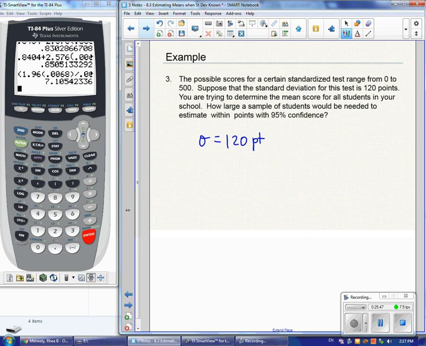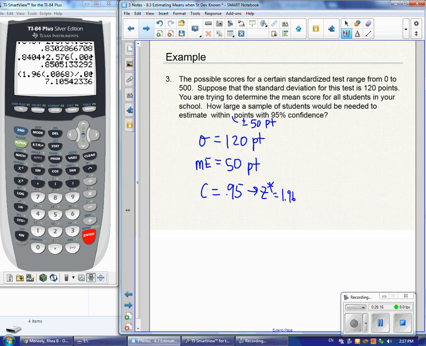How large a sample of students would you need to be able to estimate the mean within, I don't know why the margin of error isn't showing up here. So we said plus or minus 50 points. That's going to be my margin of error. And we know our confidence level is 95% again. So that gives us a z-star of 1.96.